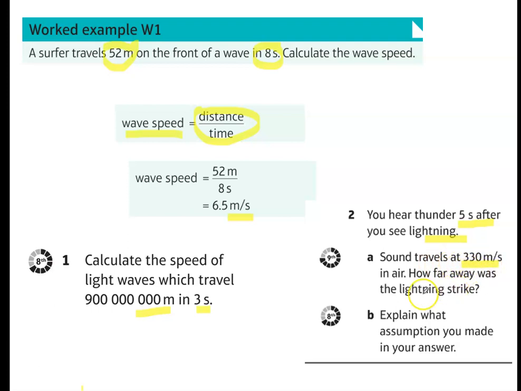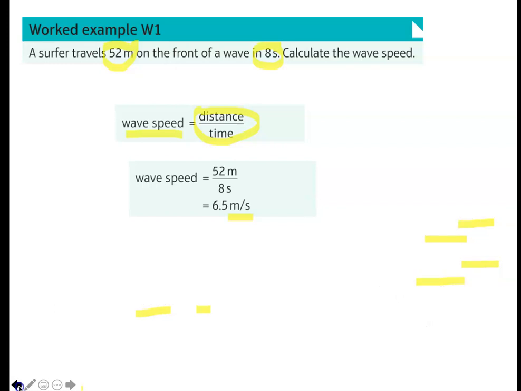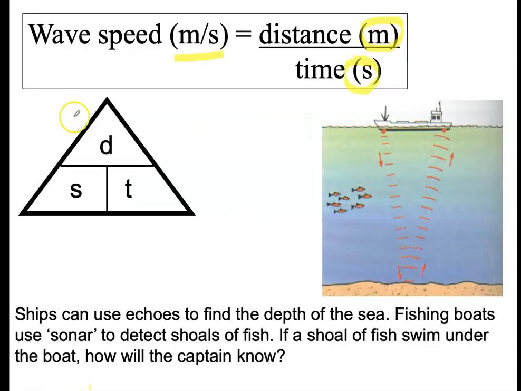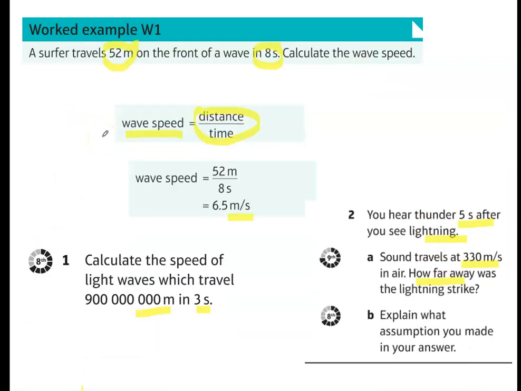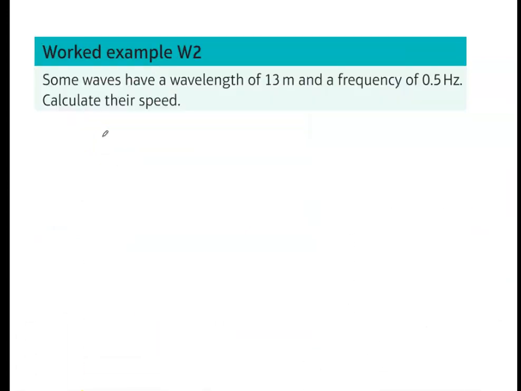How far away is the lightning strike? This time you need to work out distance. Please note you do need to rearrange formulas. If you don't know how to rearrange formulas, then my advice would be just learn the formula triangle. However, I advise you to learn the rearrangement of formulas.